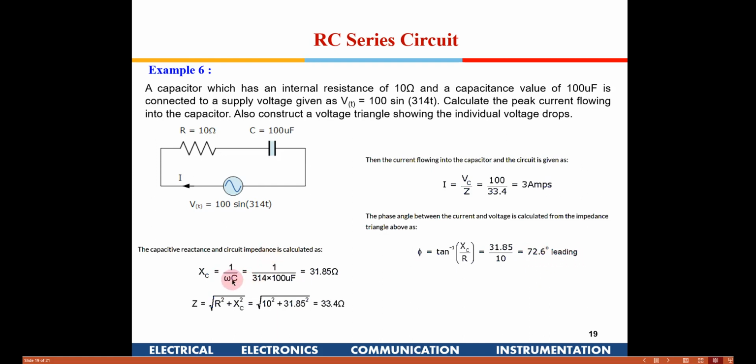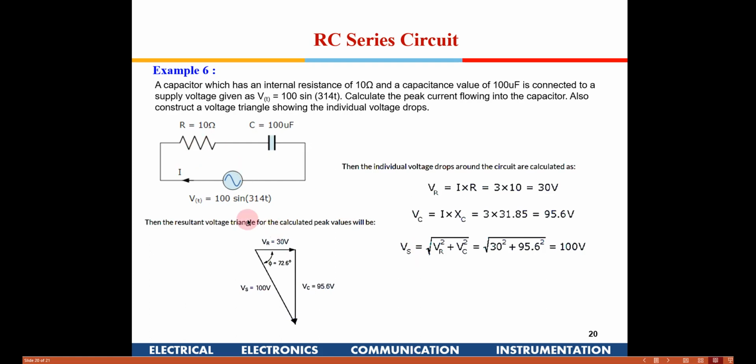Otherwise the impedance offered will be 1 by j, so if you multiply, there will be a negative there also, minus j out here. So that minus will come here, indicating that the current is leading the voltage. Okay. So this is 72.6 leading.